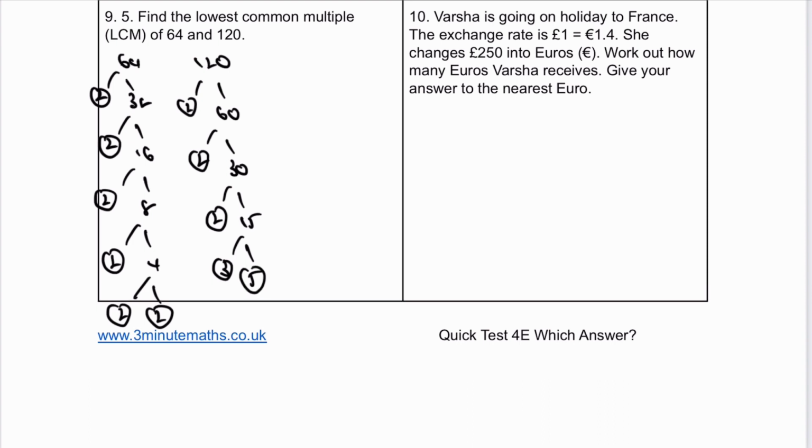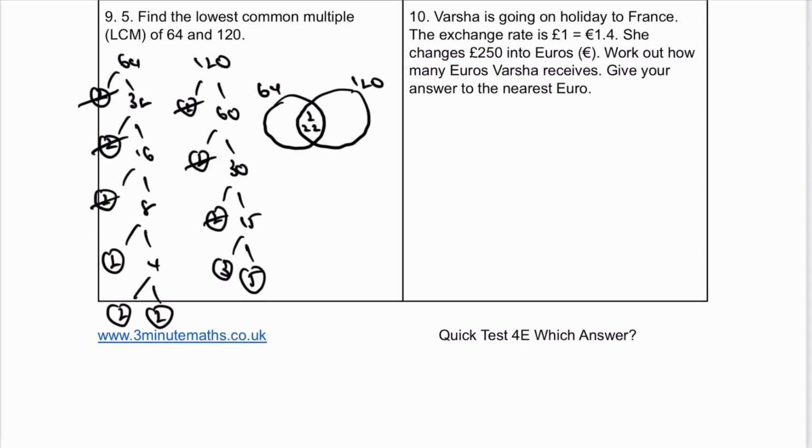Now the reason I've done that is because if I want to put this into a Venn diagram, it just makes it a little bit easier to see, because essentially 2 and 2 are central to both. If this is the group for 64 and the group for 120, then I've got another 2 and 2 there, and then finally another 2 there.